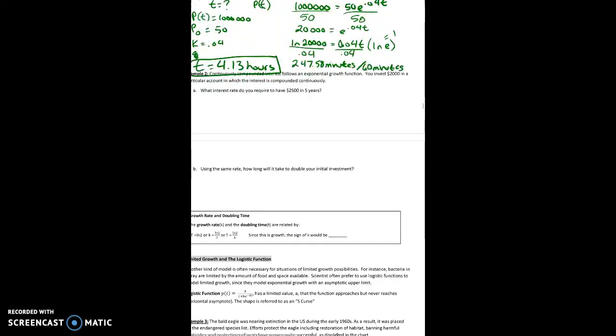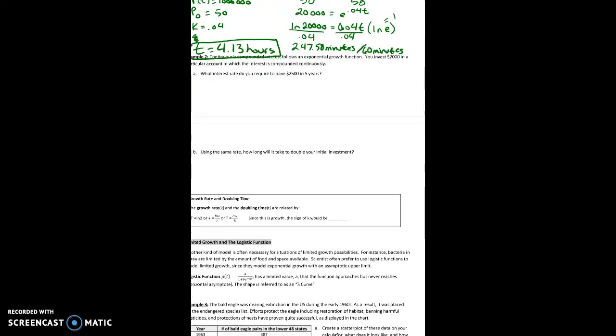Let's go ahead and look at example 2. Of course, I just got rid of some of the words, so let's see. It says continuously compounded interest follows an exponential growth function. You invest $2,000, so right there that's our P naught, in a particular account in which the interest is compounded continuously.